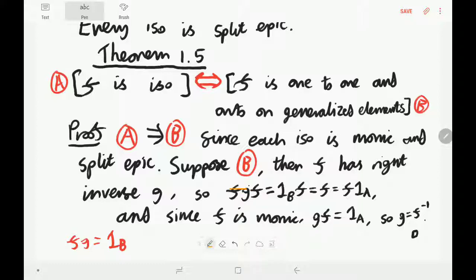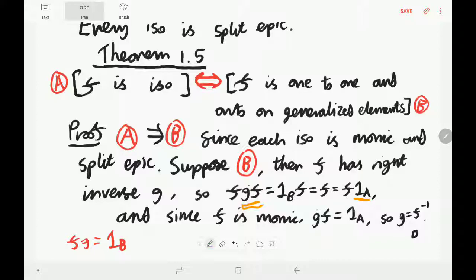So we get it like this. We write FGF. Now, since we know FG is 1B, we have that FGF is 1BF, which is F1A. And now, since F is monic, we must have that GF equals 1A, which is what we wanted.